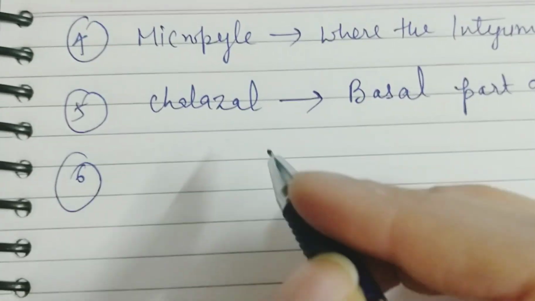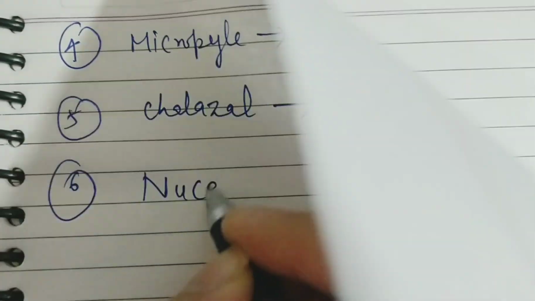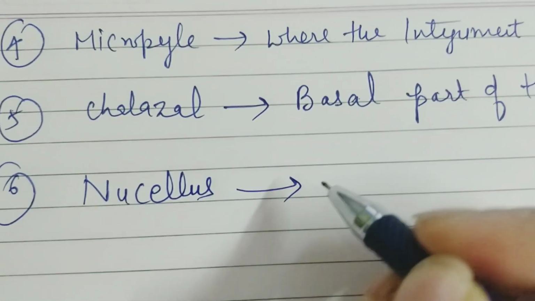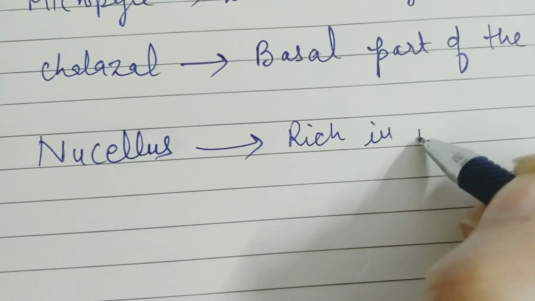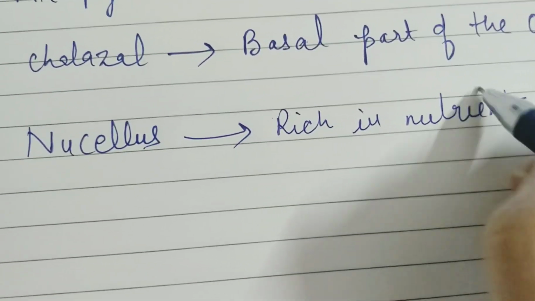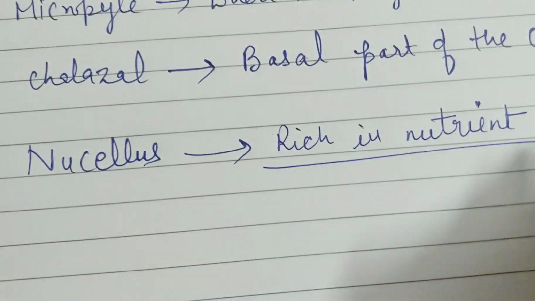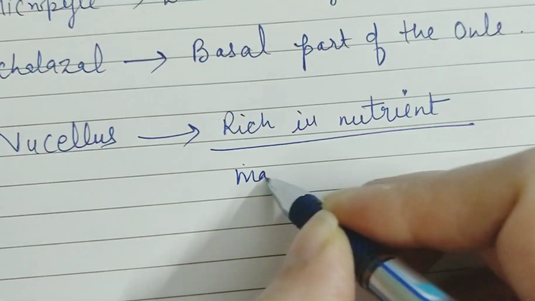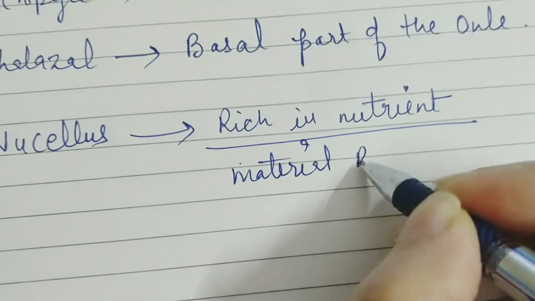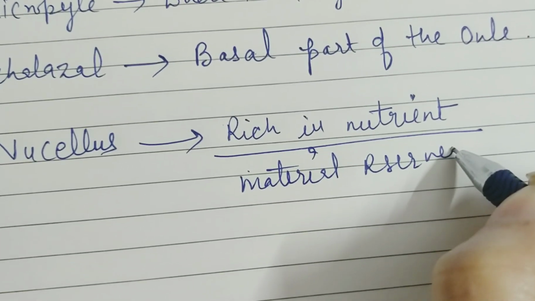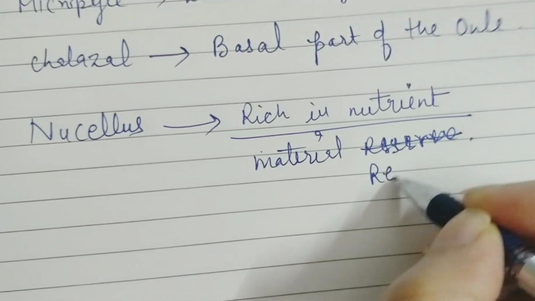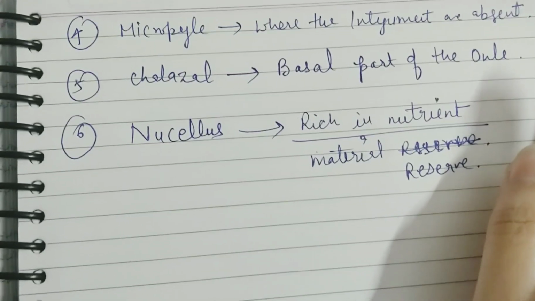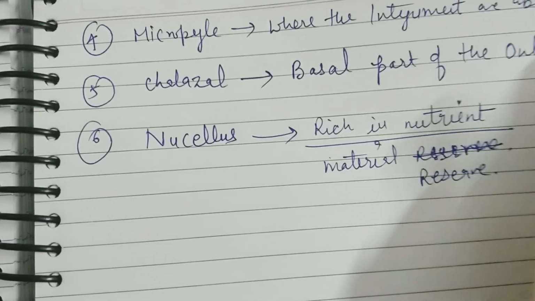And the sixth one is the nucellus, which is very rich in nutrients, that means reserve material. The correct spelling is this. So these are the basic structures of the ovule.